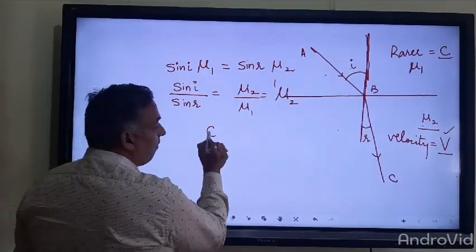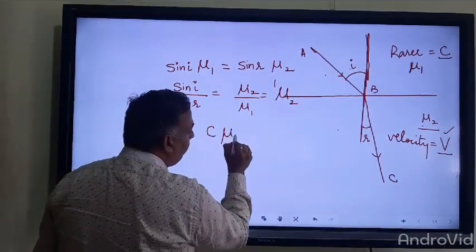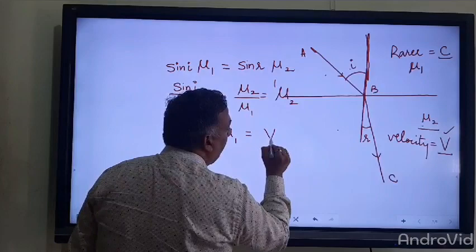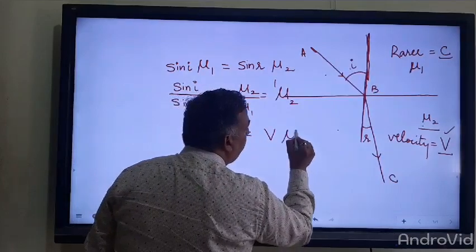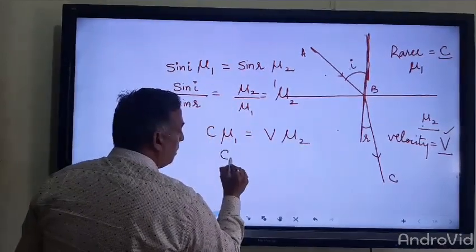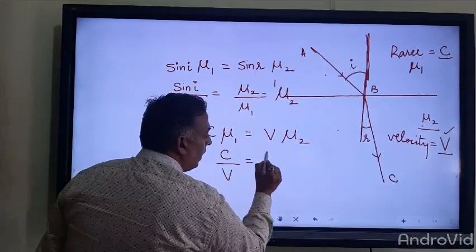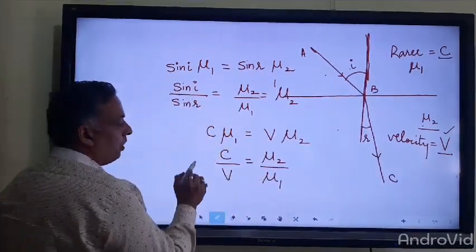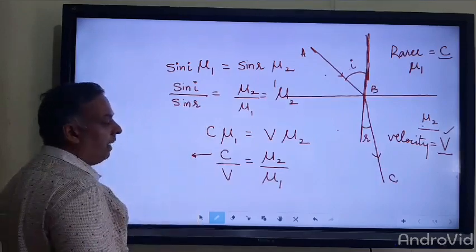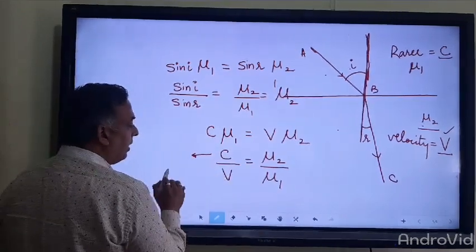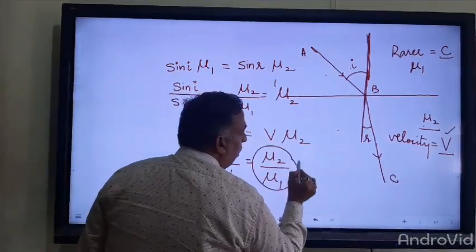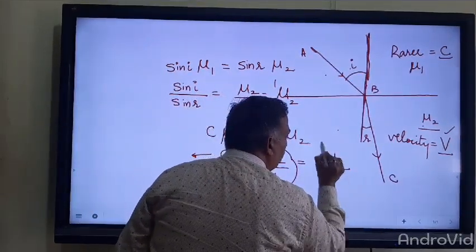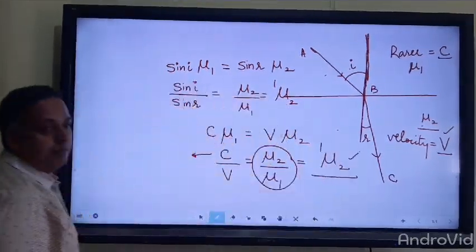So we can denote velocity of light into refractive index and velocity of light in that medium into refractive index. So c upon v comes to be mu2 upon mu1. So this is the velocity of light in rarer medium to the denser medium. So this is called the refractive index of 2 with respect to 1.